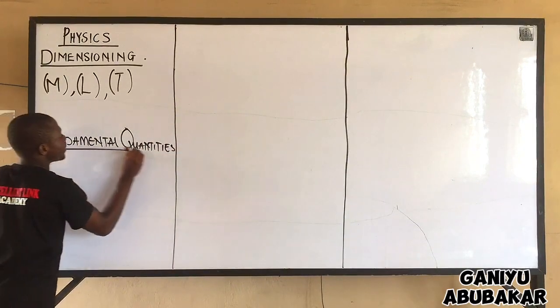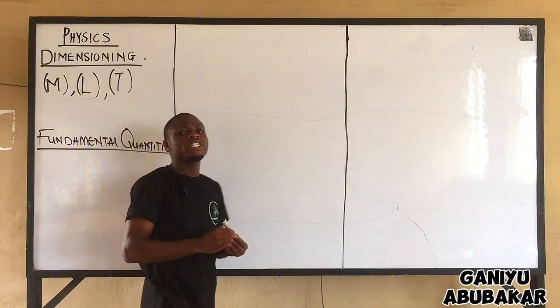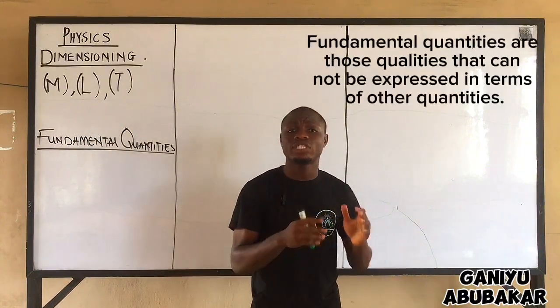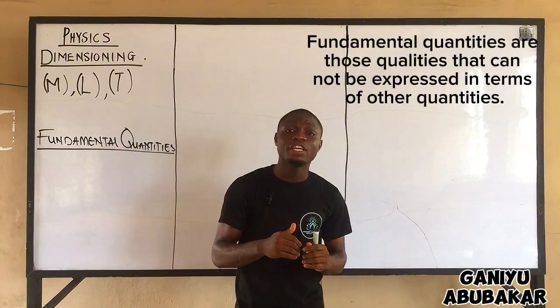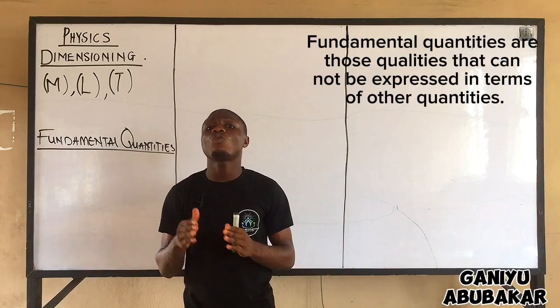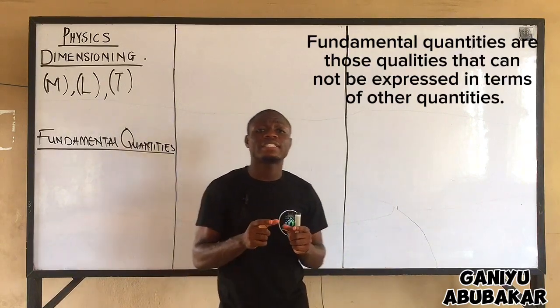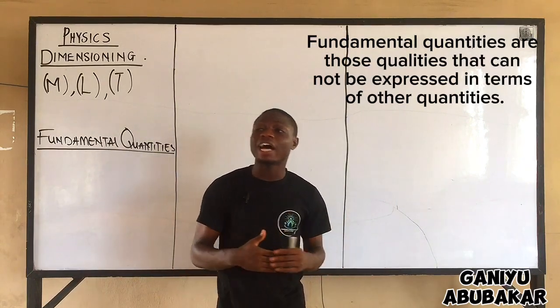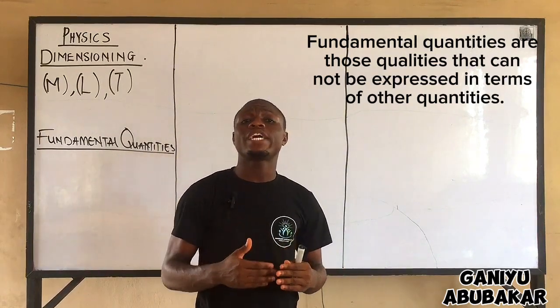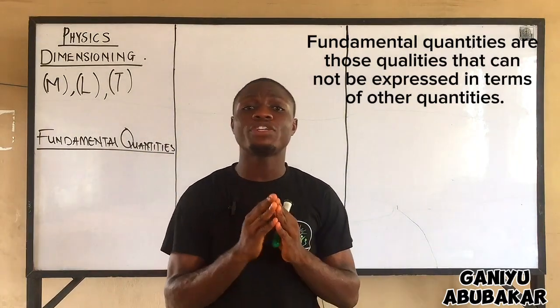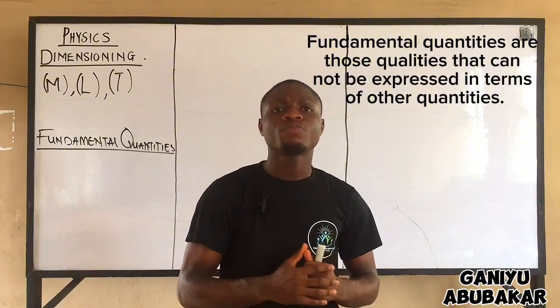Fundamental quantities are those quantities that cannot be expressed in terms of other quantities. So I'm saying that fundamental quantities are those quantities that cannot be expressed in terms of other quantities.